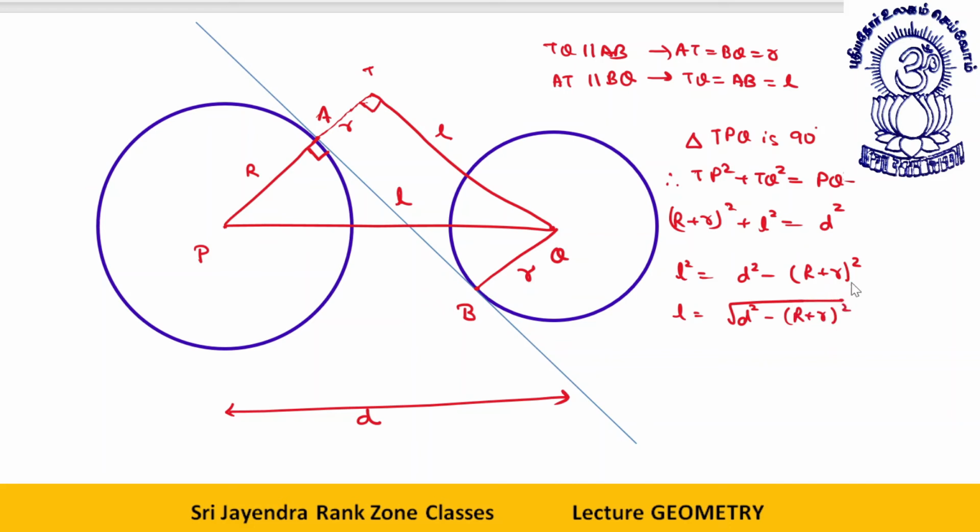You got it? So the length of the transverse tangent is under the root D square minus (R plus r) square.